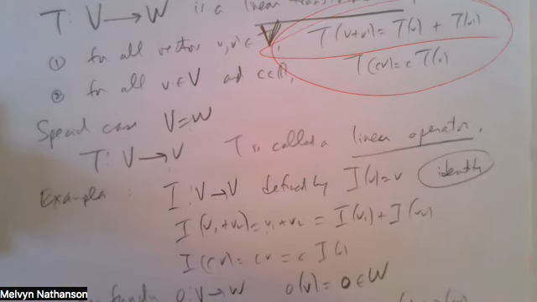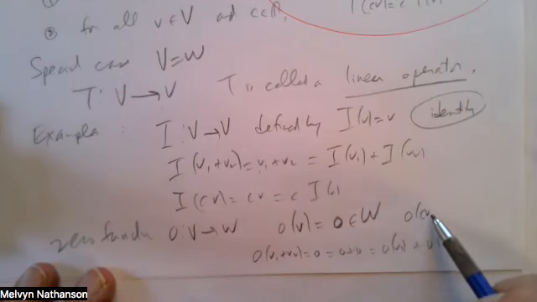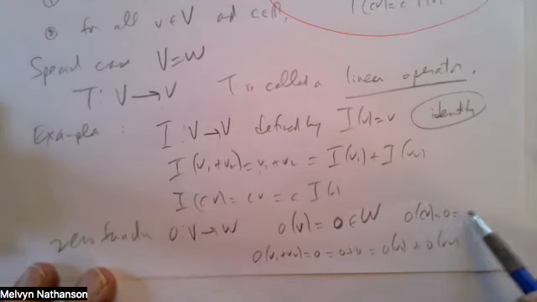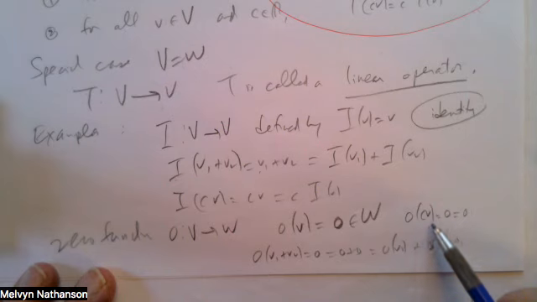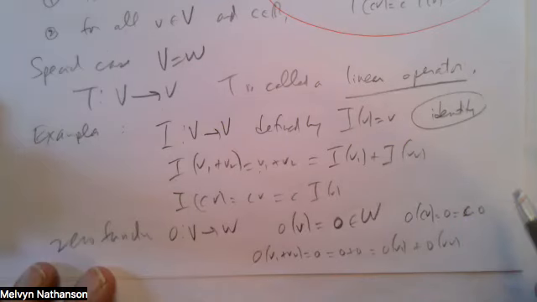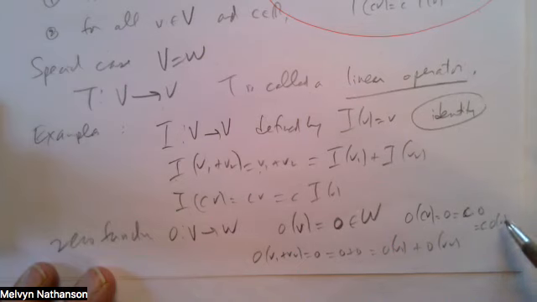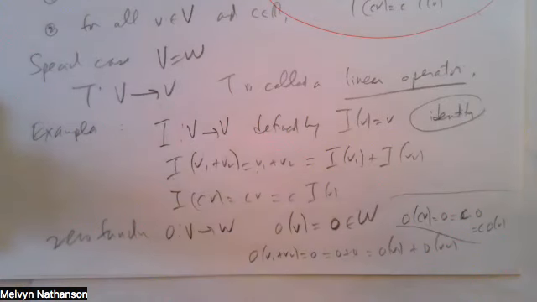So this property is satisfied, and 0 of c times v is 0, which is c times the vector 0, which is c times 0 of v. It's kind of simple, but you have to be careful when you write it down.